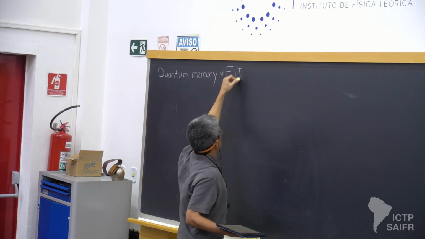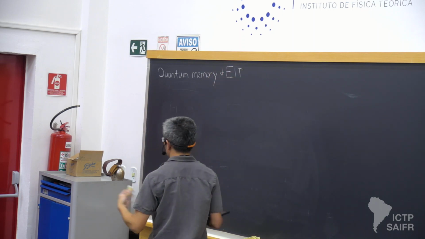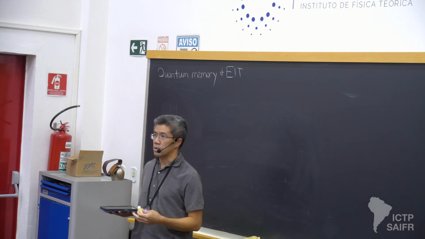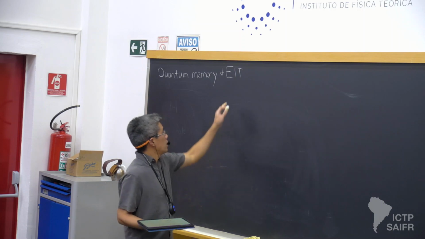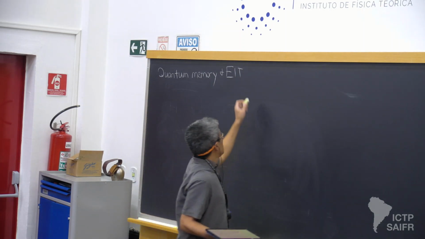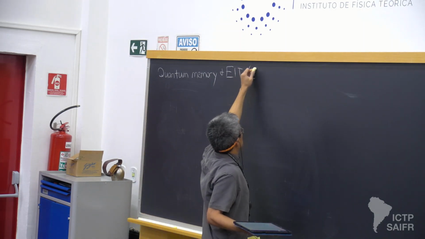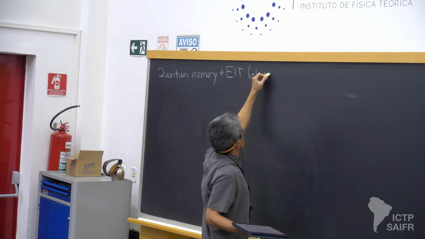A quantum memory is just a general goal or objective, and there are different protocols to realize it. The one I'm going to talk about is EIT, or electromagnetically induced transparency.